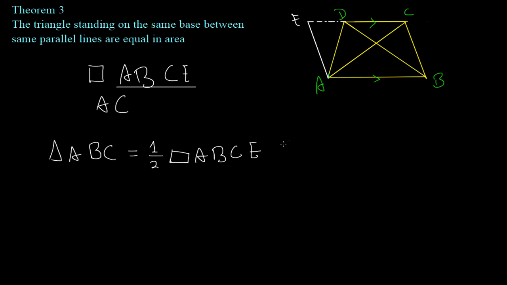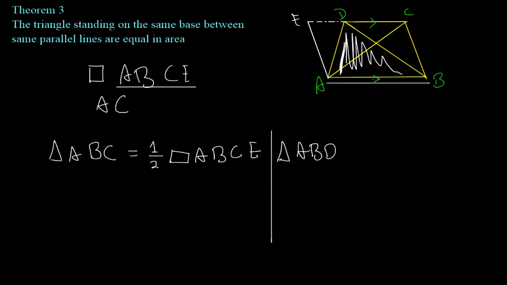The other thing we derive from theorem 4 is about the triangle ABD. This triangle ABD is standing on the base AB between the same parallel lines EC and AB, as the parallelogram ABCE is also standing on the same base between the same parallel lines.